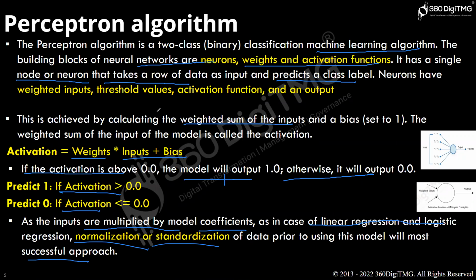What is the purpose of that? This activation function, guys, decides which neurons get activated and which neurons do not get activated. So we are going to see what is meant by this activation function.